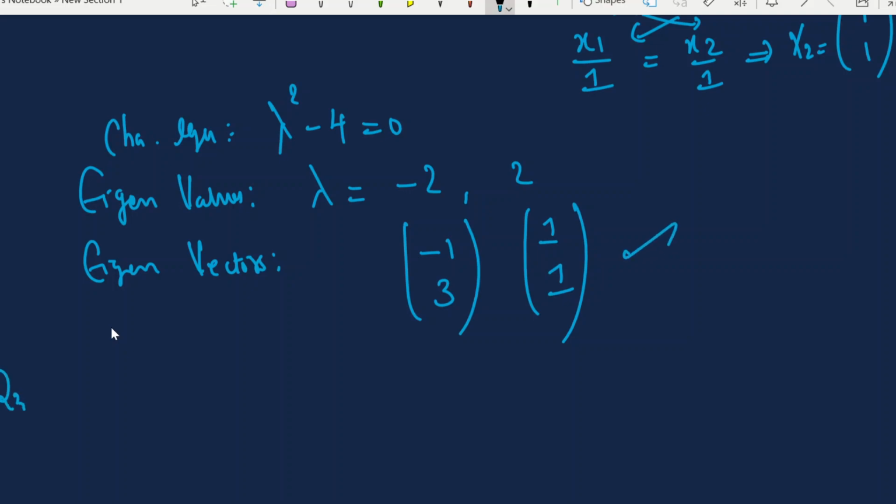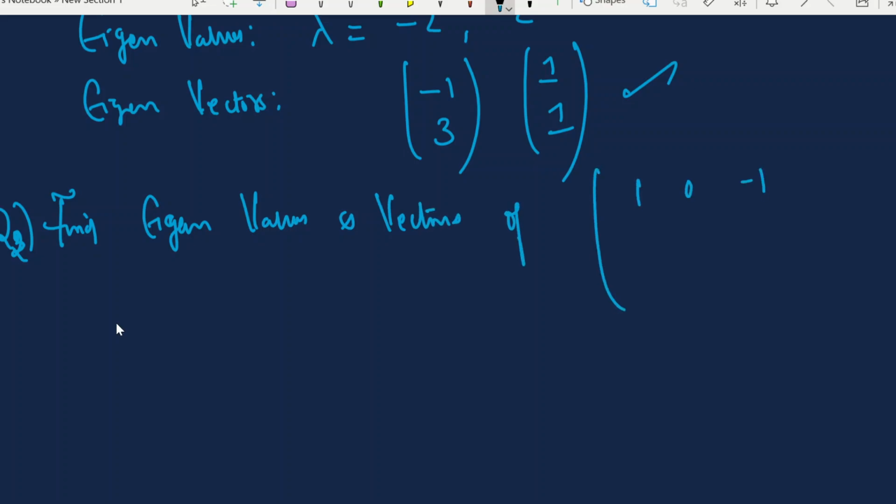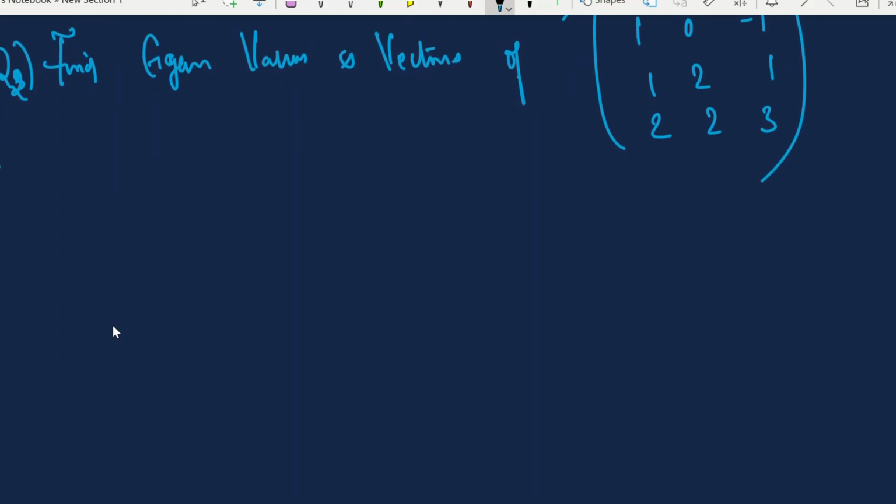Now we will see the procedure for finding eigenvectors of a 3 cross 3 matrix. So next, example 2: find the eigenvalues and eigenvectors of the matrix [1, 0, minus 1; 1, 2, 1; 2, 2, 3].